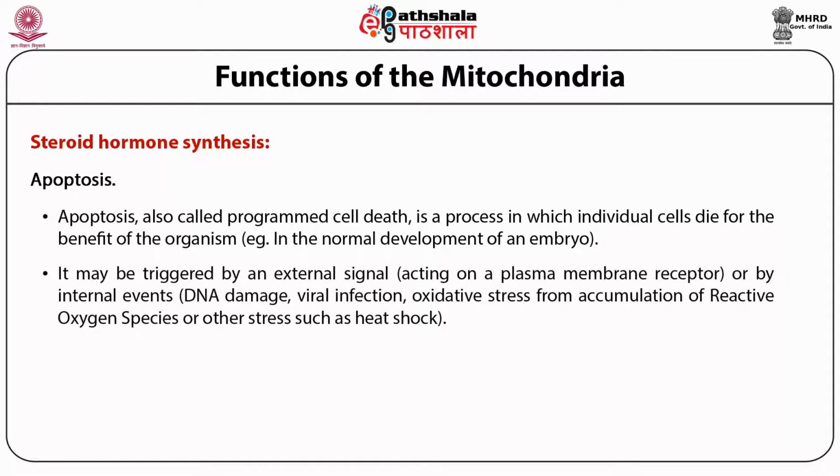It may be triggered by an external signal acting on a plasma membrane receptor, or by internal events like DNA damage, viral infection, oxidative stress from accumulation of reactive oxygen species, or other stress such as heat shock.